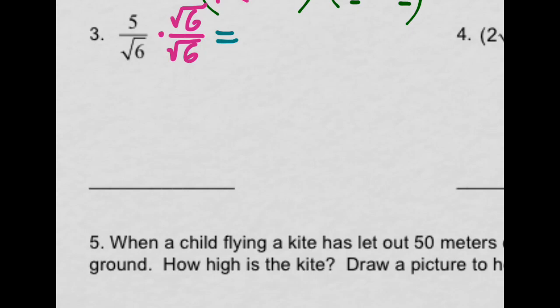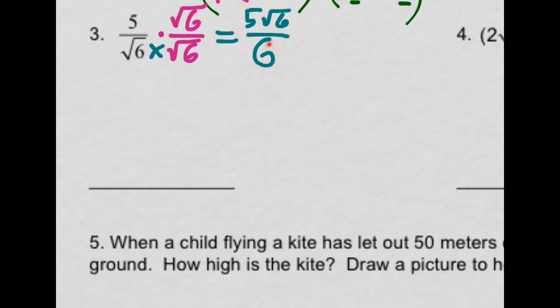Well, the square root of 6 times the square root of 6, remember you get rid of the radical, so it's just 6. Okay? And then 5 times root 6 is just 5 root 6. Now, is there anything I can do?